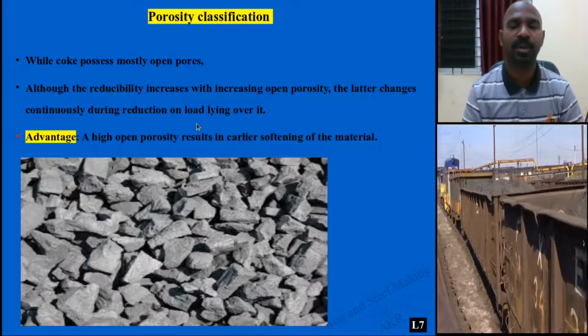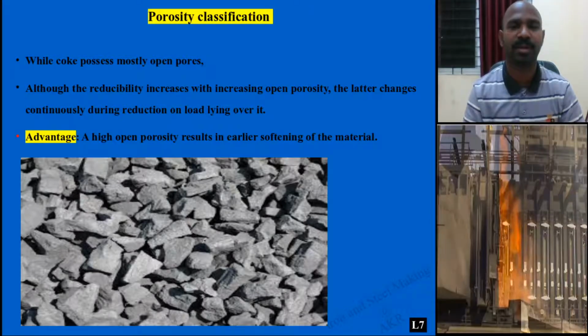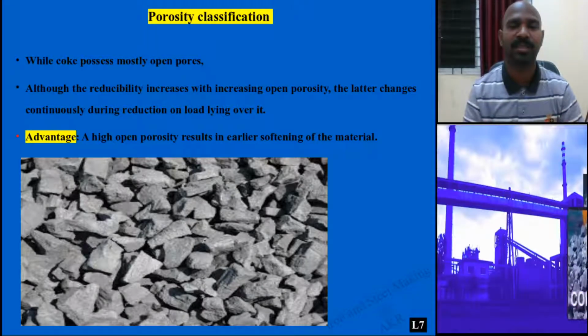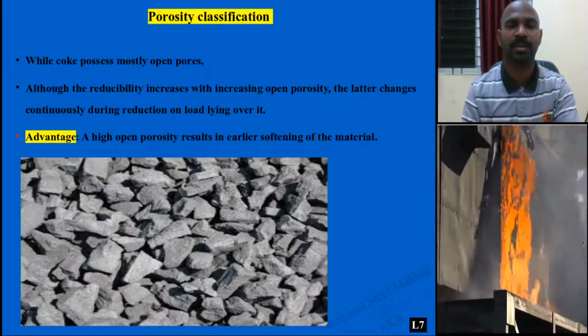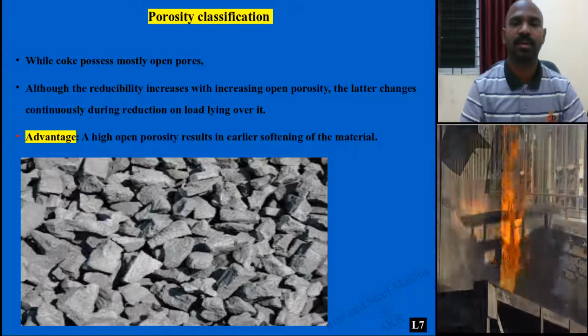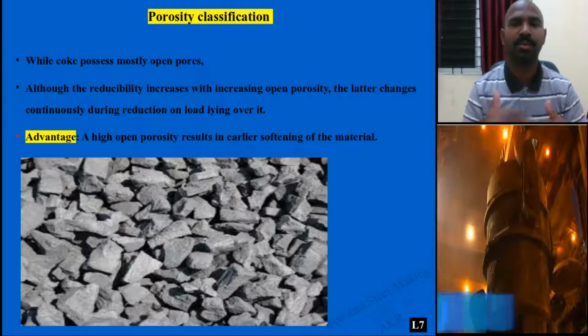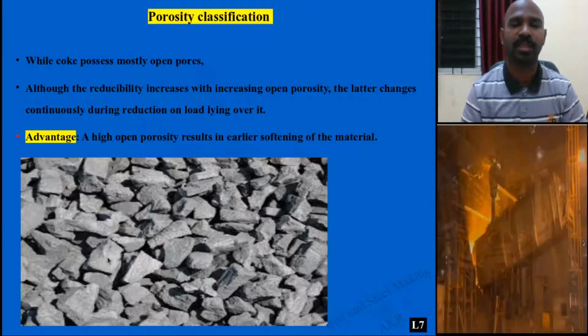And the advantage of having high porosity is that the iron ore material gets softened at an earlier stage, which leads it to immediately go to the melting point. After the softening point, it reaches the melting point. This is one advantage. How does the coke look, what are the pores?